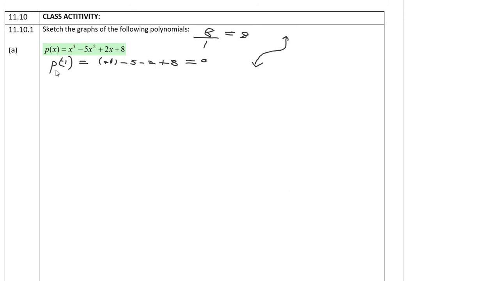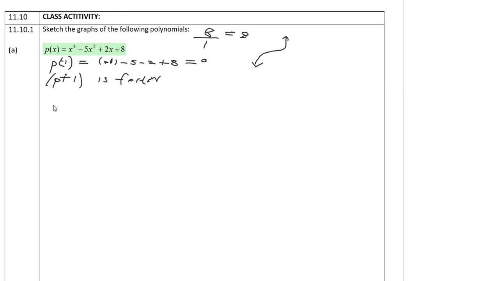So okay, if P of minus 1 is 0, then x plus 1 should be a factor, and it's a linear factor.